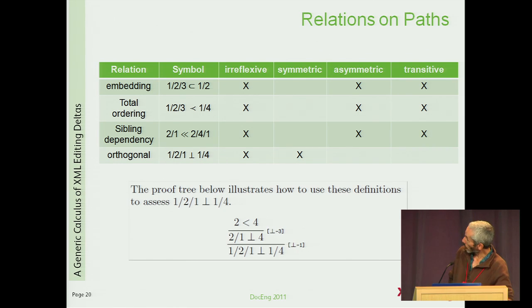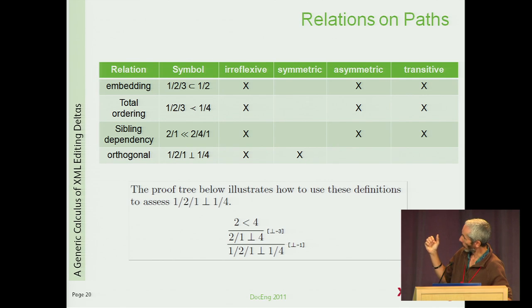The second one, total ordering, is well known, for instance, in XML processing. It's an ordering which allows you to consider that whatever node you have in your tree, it can be compared with whatever node. It's the reading order of nodes, in fact, of tags in an XML document. The third one is more specific here. It's sibling dependency, and this one is really important because it captures exactly the dependency we want to understand and to master.